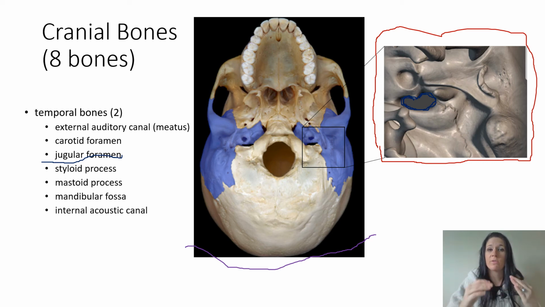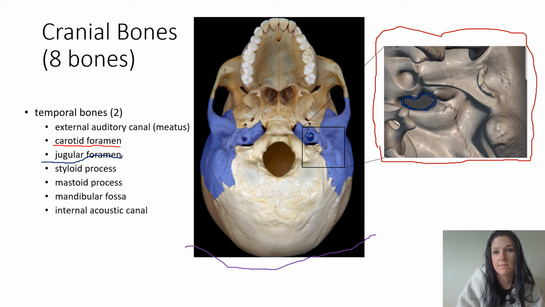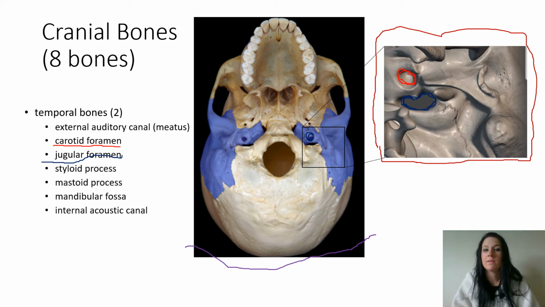Okay, and then if we go just anterior to that, there's another hole, which is going to be the carotid foramen. So let's make the carotid foramen red. Okay, so jugular foramen, then one step forward is the carotid foramen.